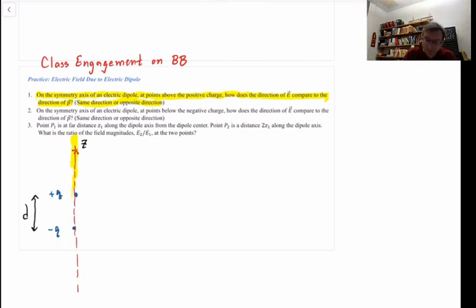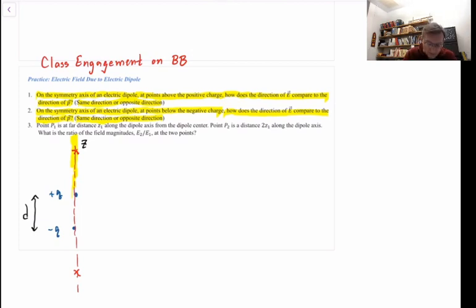That's question 1. Question 2, on the symmetry axis of an electric dipole at points below the negative charge. So now you're somewhere down here, okay? How does the direction of E compare to the direction of little p? Same direction or opposite? So now you're down below there and you're asking, how does the direction of E arrow compare to the direction of p arrow?